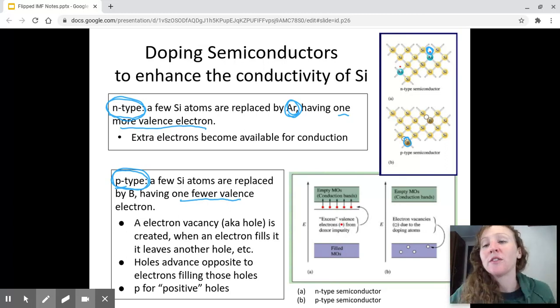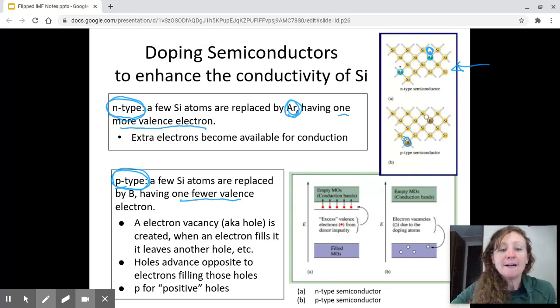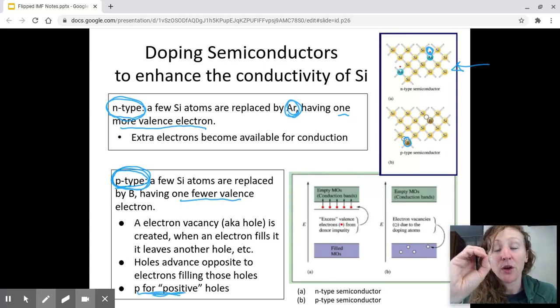In the first case, you get electrons that are moving through the lattice. In the second case, you get holes that are moving through the lattice. It's a p-type conductor. P is for positive because the hole is a place where there is not an electron. So it's considered a positive hole.